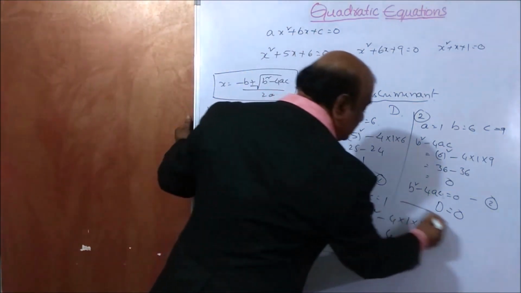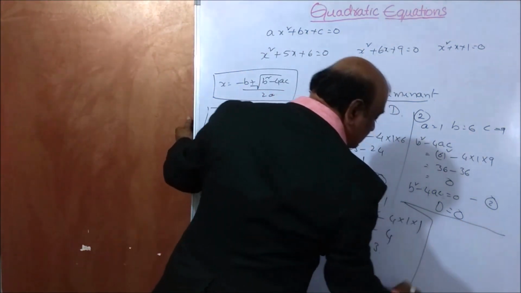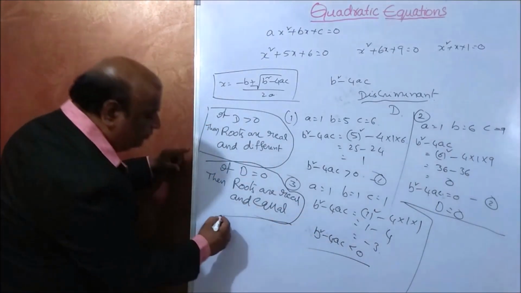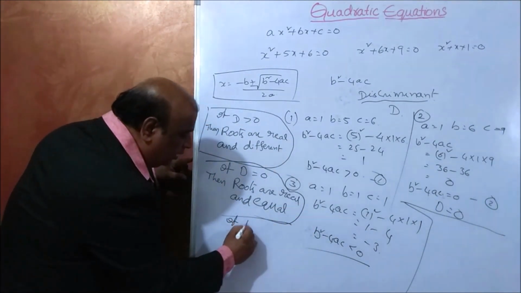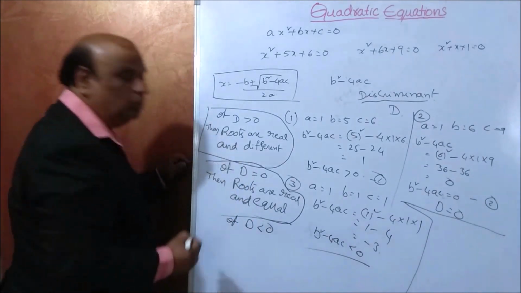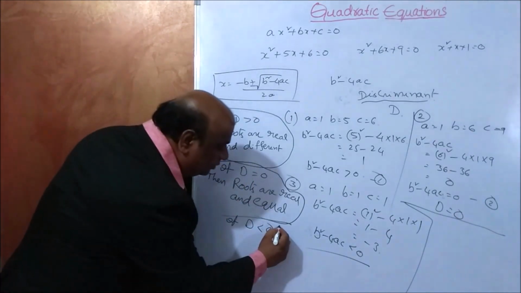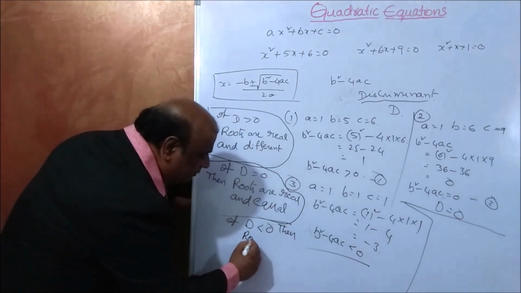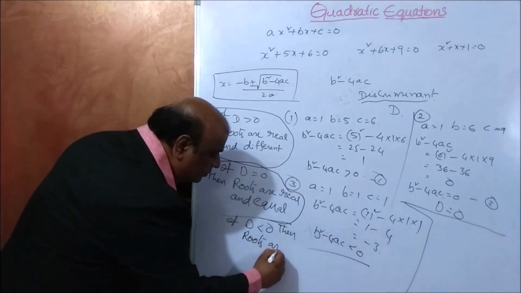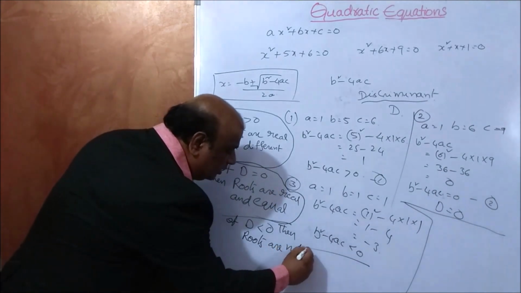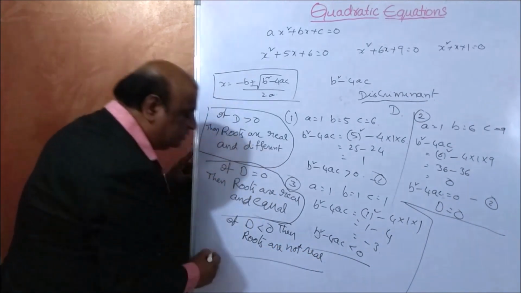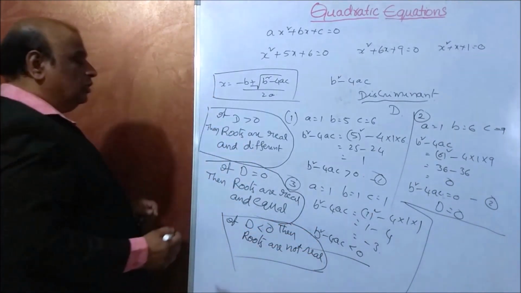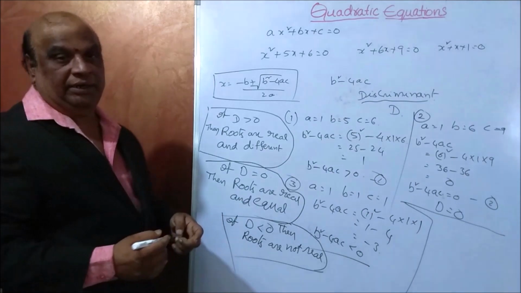What about the third case? See students, if D less than 0, then roots are not real. This is case 3. So these are very important.